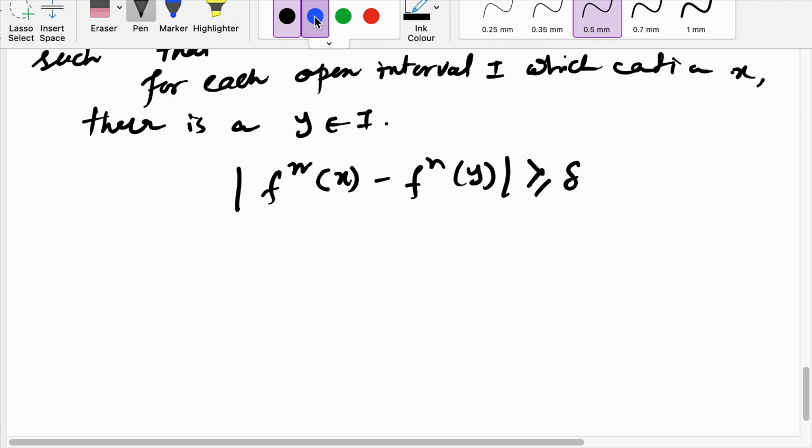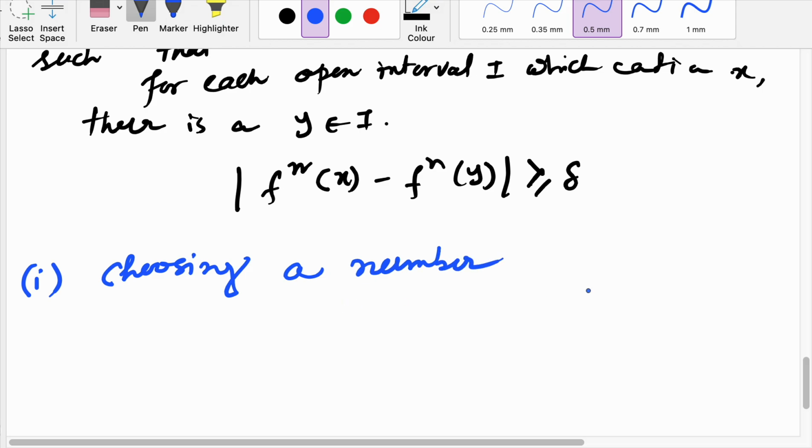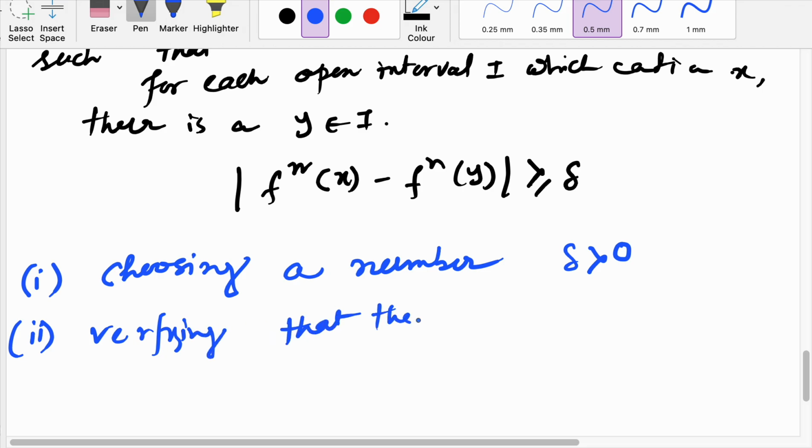So the steps of the proof will be, first, choosing a number delta greater than 0, and second, verifying that the chosen delta works, that the chosen delta satisfies this. In proving these things, the main hard work is finding this delta.